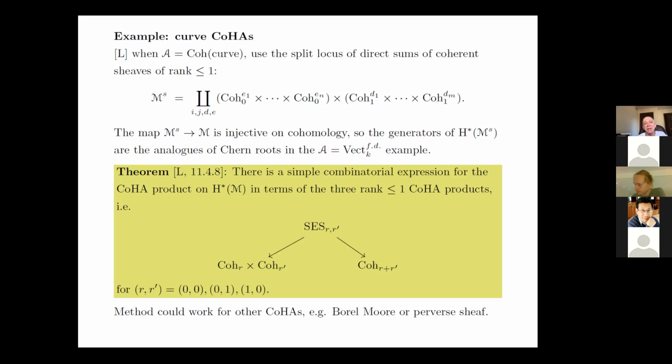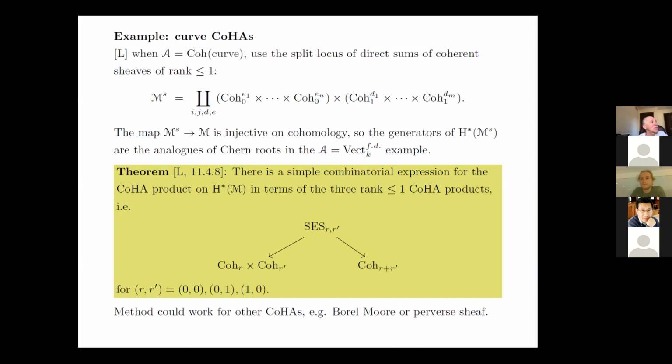The general rule is that you have your CoHA of whatever category, then you have a category of stable framed modules over this CoHA, whatever this means. I think I wrote a paper on that in 2014. And so the CoHA of the stack of objects of your category acts on the cohomology of the stack of framed objects.